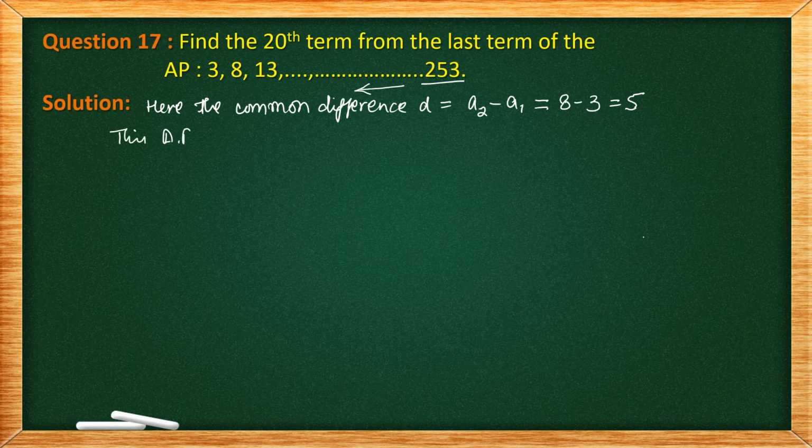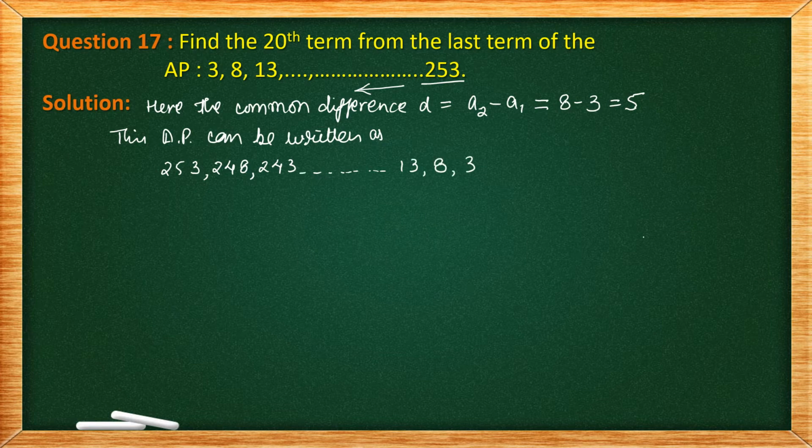So this AP can be written as 253, minus 5 is 248, then minus 5 from it gives 243 and so on, like 13, 8 and the last term will be 3 in reverse order.